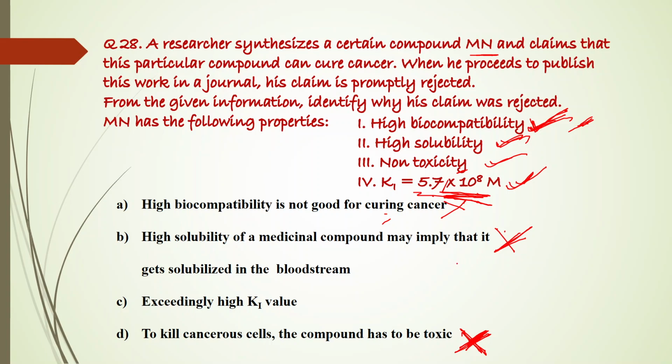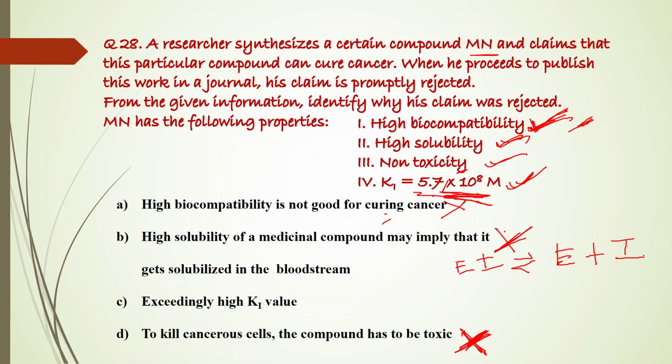If we think in terms of enzyme, Ki was the dissociation of the enzyme-inhibitor complex. So he designed a compound called Mn, which is actually an inhibitor and somehow blocks the enzyme present in the cancerous cell and stops the proliferation of the cancerous cell.